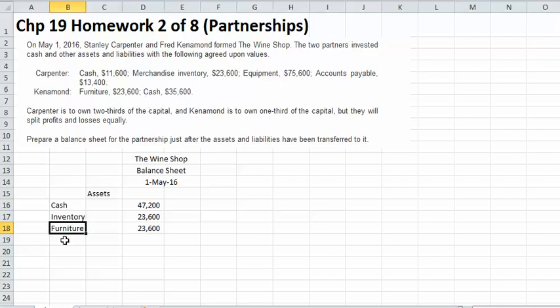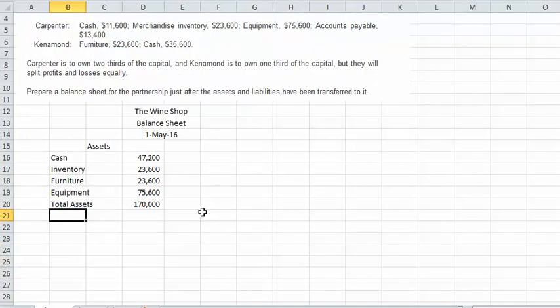So let's put equipment here. So let's add these assets up, and we get total assets of 170. And again, this won't be the exact format as the book, but at least we can have some kind of format.